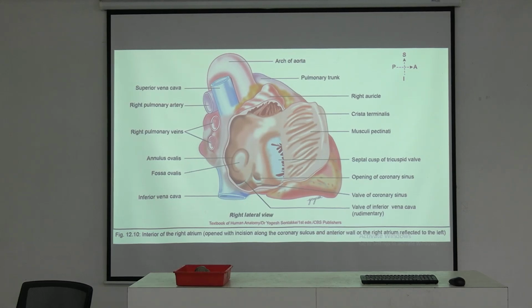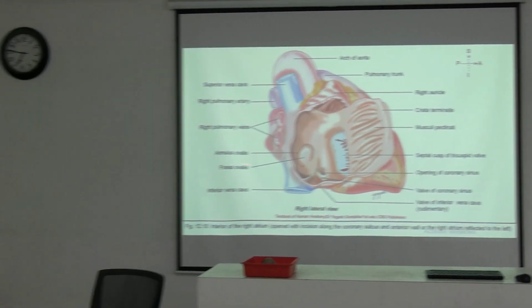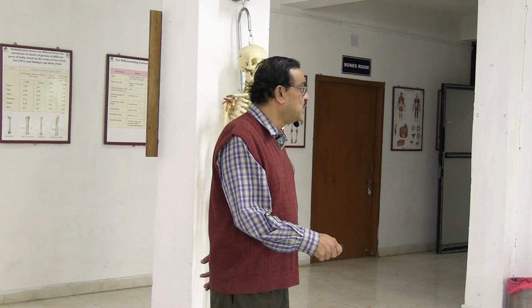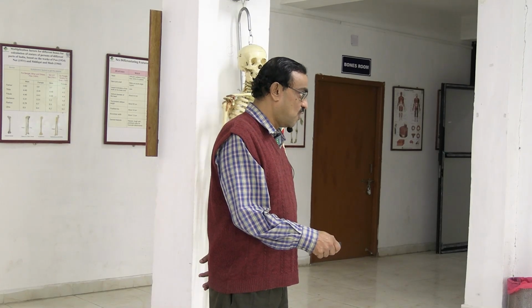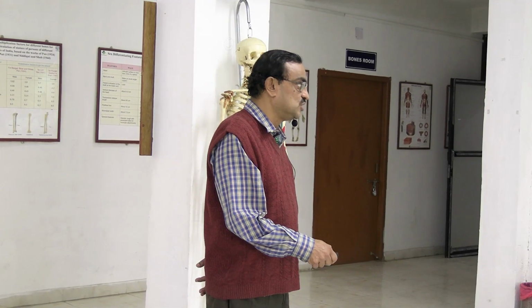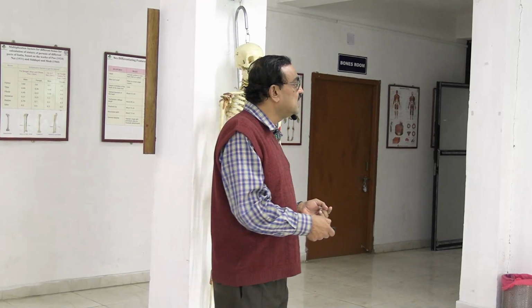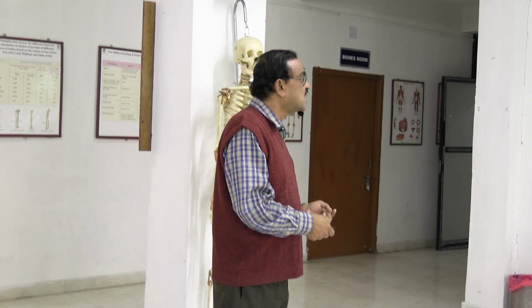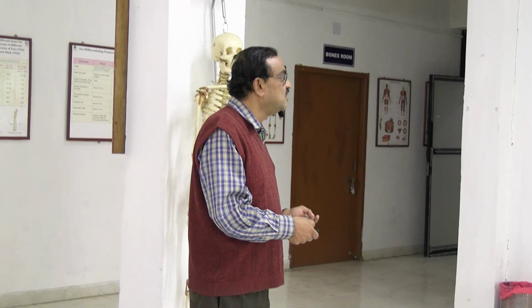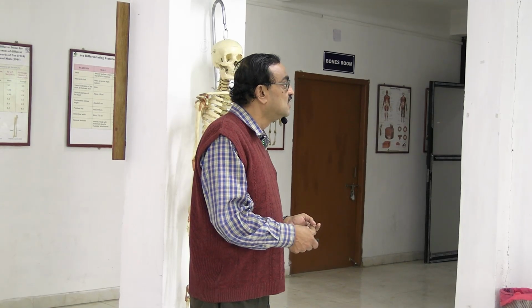This depression is called the fossa ovalis, and above the depression we find a curved ridge called the limbus fossa ovalis. Limbus means ring-like. So there is an endocardial ridge called the limbus fossa ovalis.